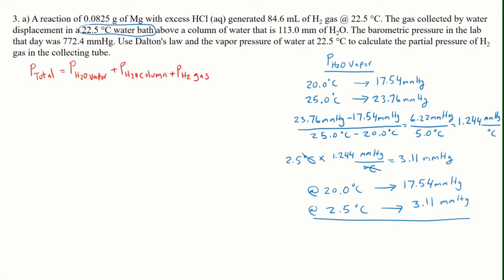I could now add these two: 20 plus 2.5 gives me 22.5 degrees Celsius, and the pressure here, if I do the math, becomes 20.65 millimeters of mercury.